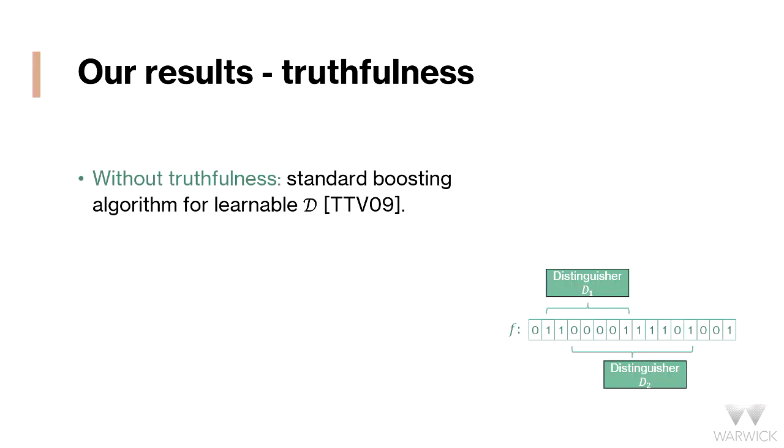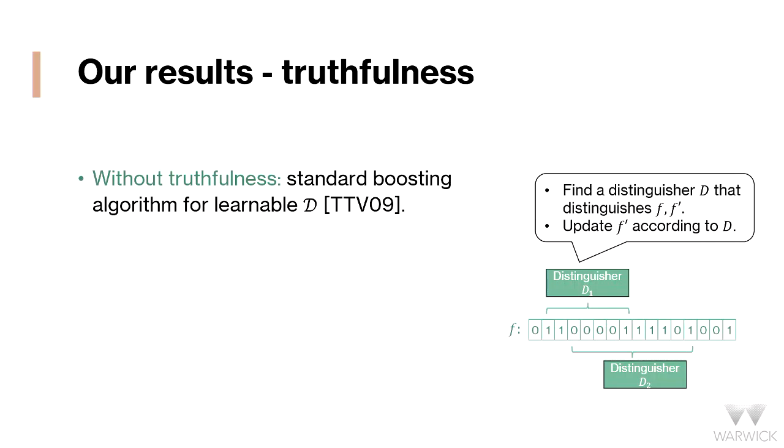If we didn't have this additional truthfulness requirement, then existing boosting algorithms work if the set is learnable. What I mean by learnable is that if there exists some D which can tell apart f and f prime, then we can efficiently find it.